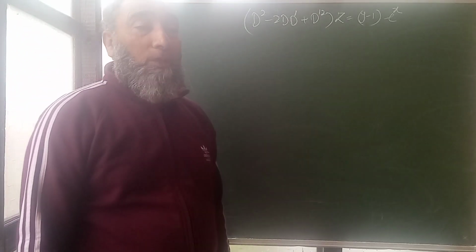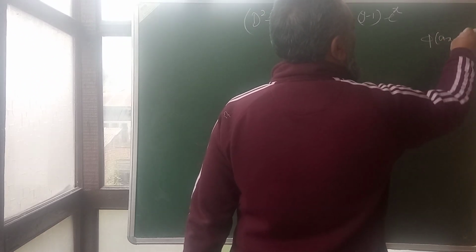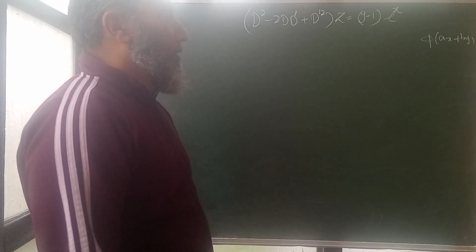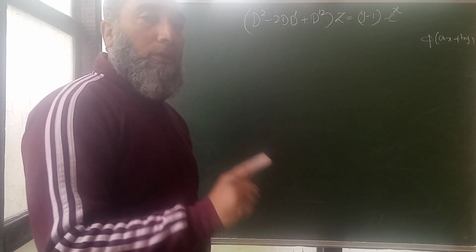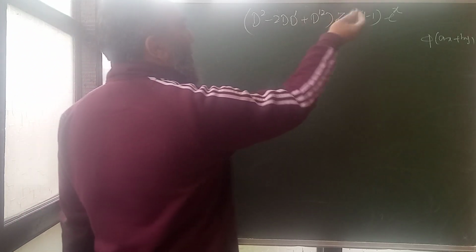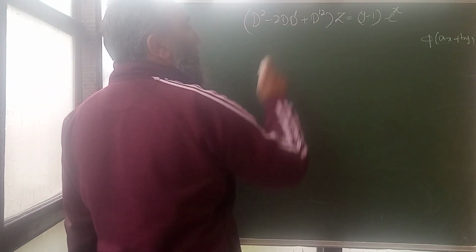Now this is not of the type function of ax plus by, so you will not get back the function. If it is ax plus by type, you will only then get the function back. Otherwise not. So the complementary function you have already done. Okay, let me write it down. Your m is 1 and 1.